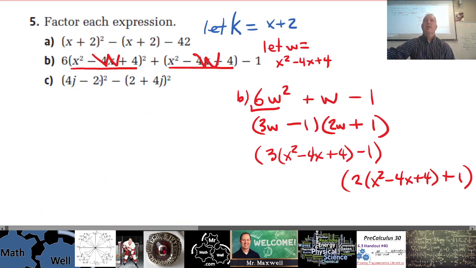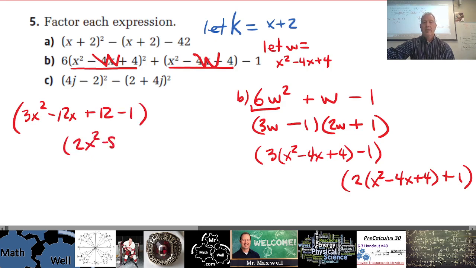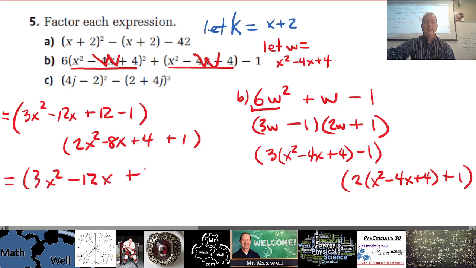So if I expand this out, gather like terms, that's 3x squared minus 12x plus 12 minus 1 times, the second one is 2x squared minus 8x plus 4 plus 1. This is going to be a little bit of a longer one. This is going to be 3x squared minus 12x plus 11 times 2x squared minus 8x plus 5.